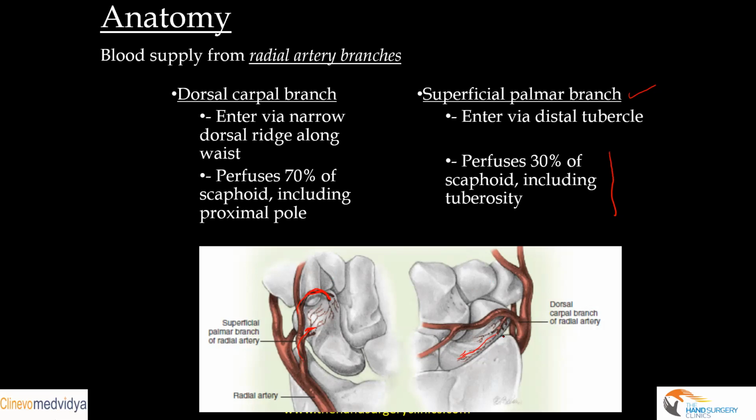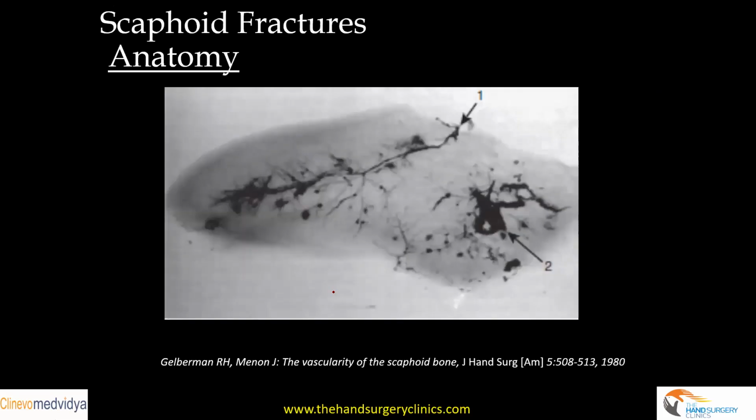Again, if you look at this particular view, you have the dorsal carpal branch here, and then you have the superficial palmar branch, which enters through the distal tubercle of the scaphoid. This is a decalcified specimen of the scaphoid. And again, here you can see the different branches.